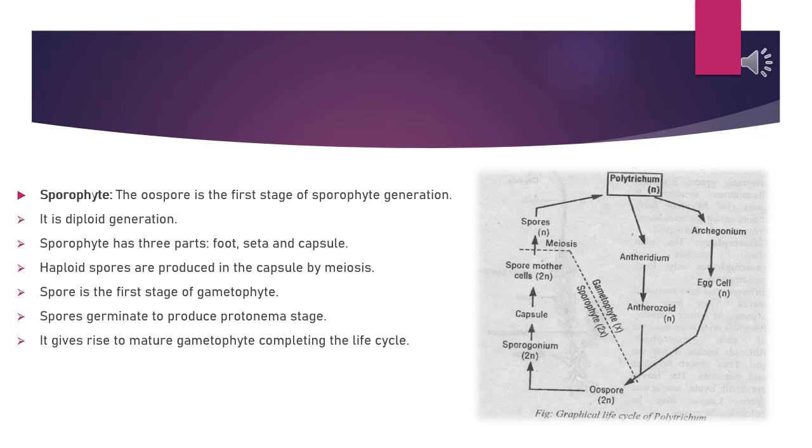That germination results in vegetative reproduction, that is, the formation of the protonema. From that protonema, a new plant body can arise. This process is the alternation of generation. It means that the gametophytic phase gives rise to the first stage of the sporophytic generation. I repeatedly tell you that the gametophytic stage always starts with the n number of chromosomes, meaning the haploid number of chromosomes. Thank you.